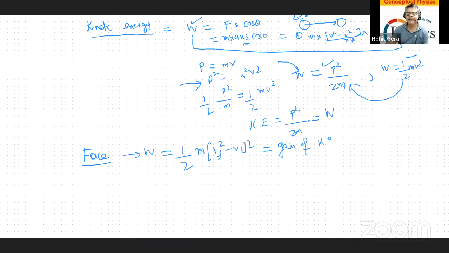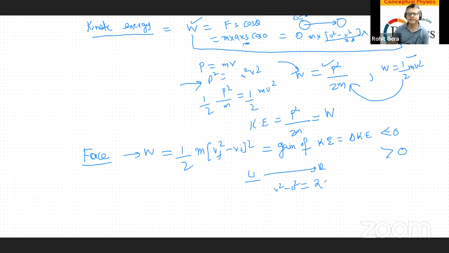So delta KE, or you can say change in kinetic energy. If the work is negative, this will come out to be less than 0. If the work is positive, it will increase the kinetic energy of the body from the initial velocity u to the final velocity, which is what we do in the case of constant force.